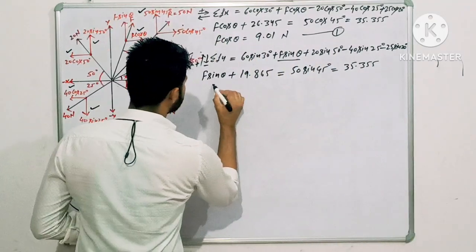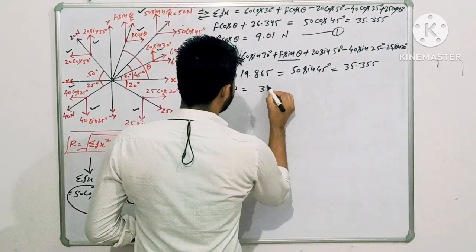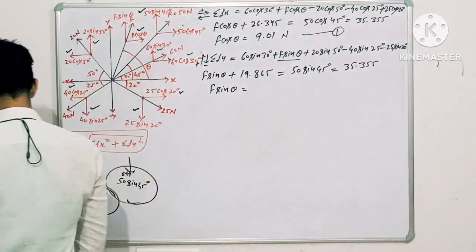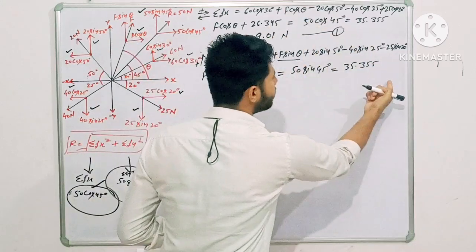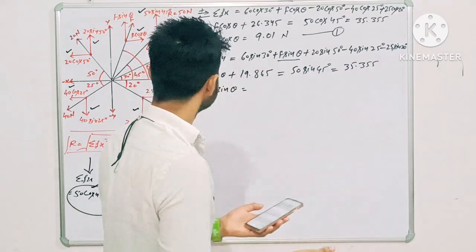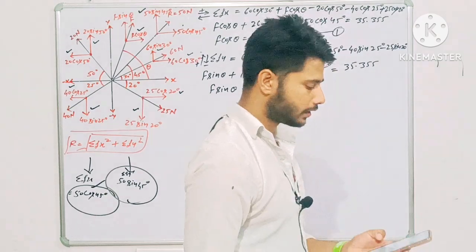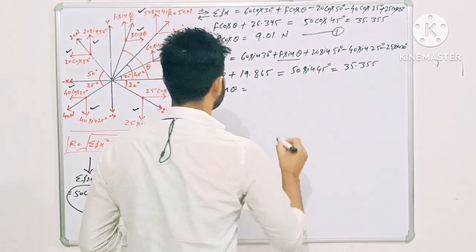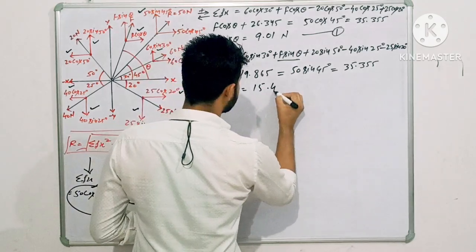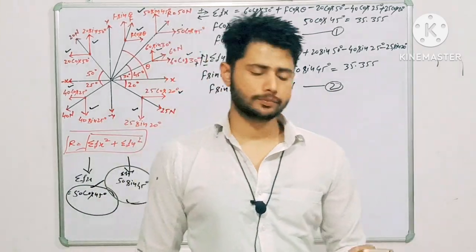Now F sine theta equals 35.355, I am subtracting this directly. This value will be minus here, so 35.355 minus 19.865, our answer is 15.49. So F sine theta is equal to 15.49 Newton. This is our equation number 2.